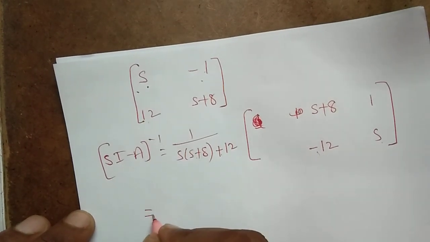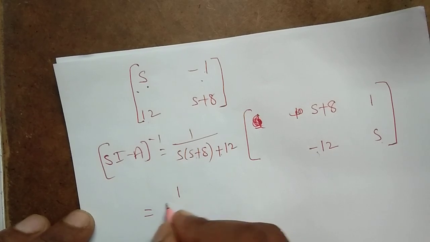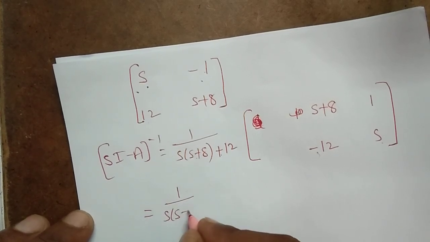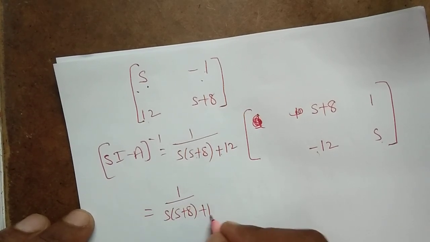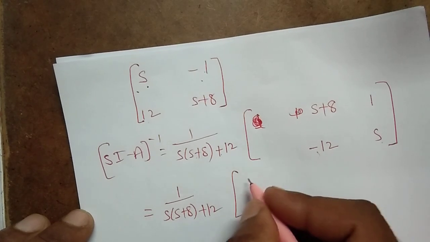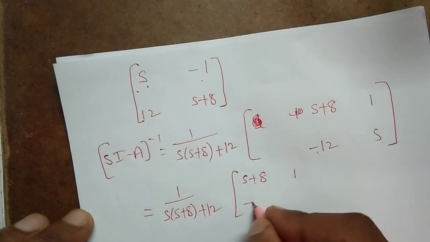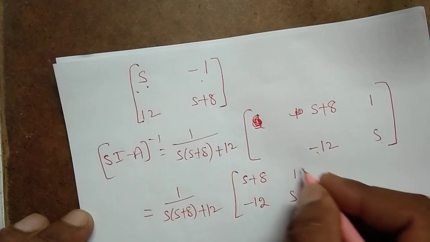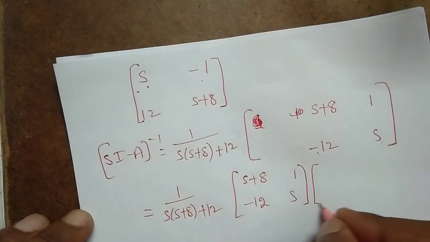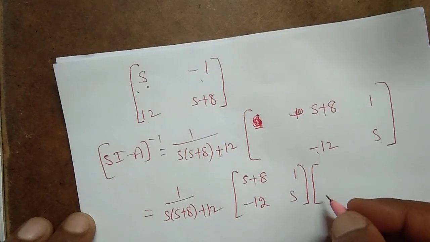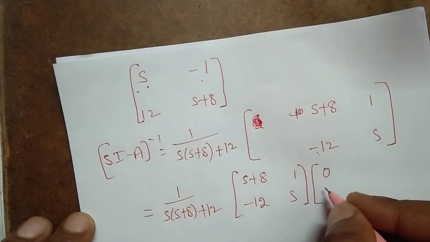Next is (sI minus A) inverse B, which is equal to 1 by s into (s plus 8) plus 12, times the matrix [s+8 1; -12 s], multiplied by the B matrix [0; 1].